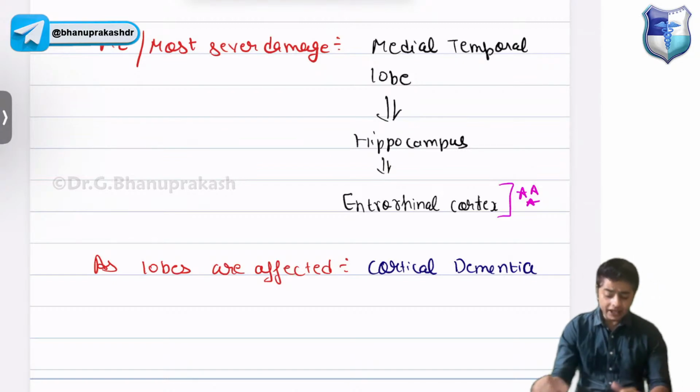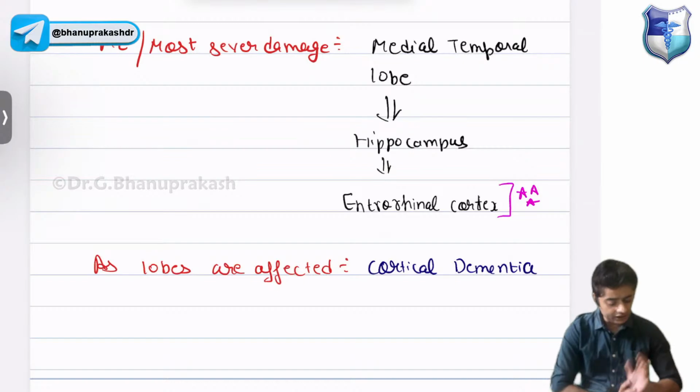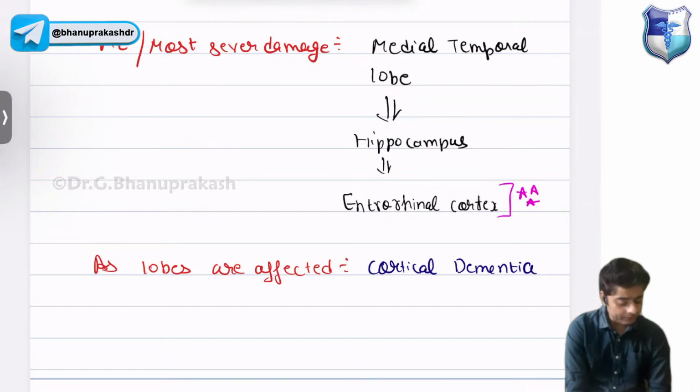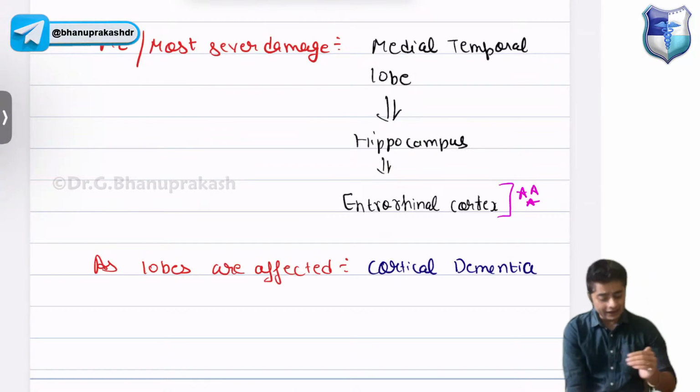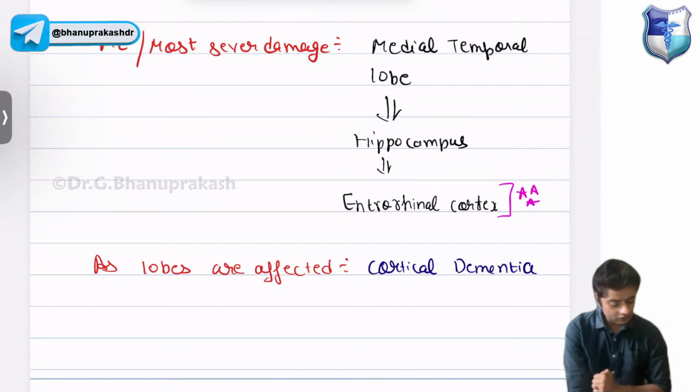So, can anyone tell me, if the hippocampus is affected, which type of memory in these Alzheimer patients will be initially affected? Anyone? We all know in Alzheimer disease the parietotemporal lobe is affected, and in that also the most severe damage is at the hippocampus.